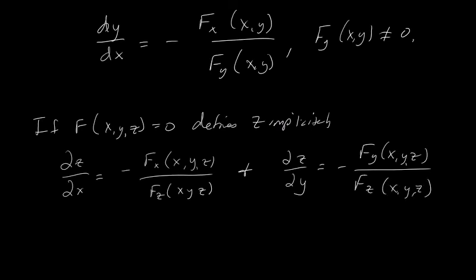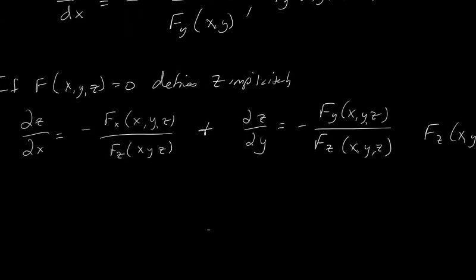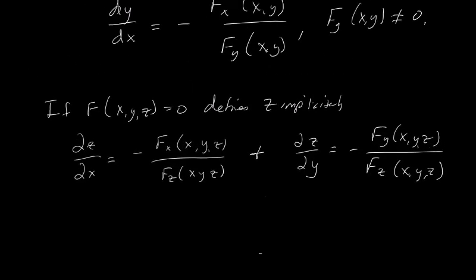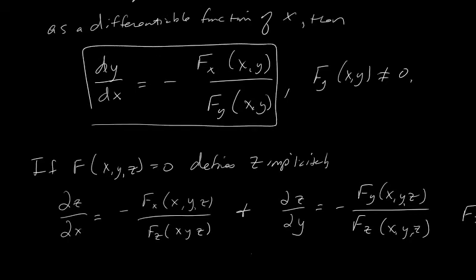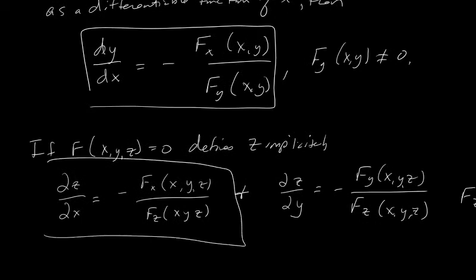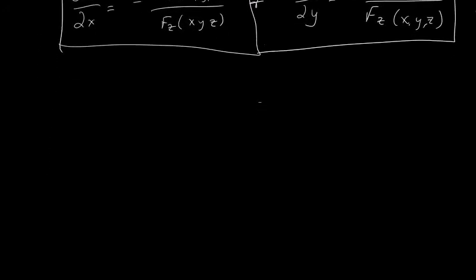And of course, the F sub z here cannot be equal to 0, because it's the denominator. Okay, so this is our implicit differentiation. We have this one for 2 variables, and we have this one for 3 variables.